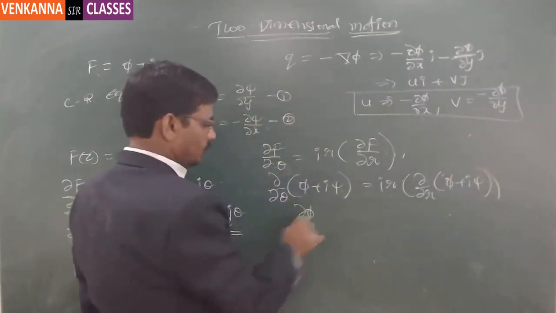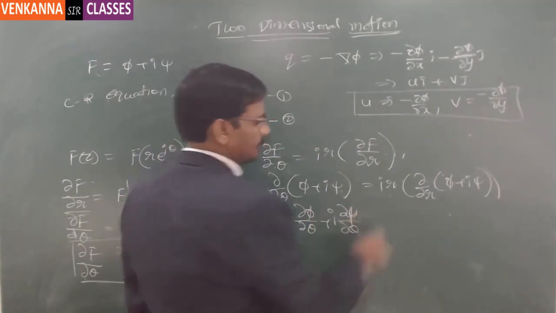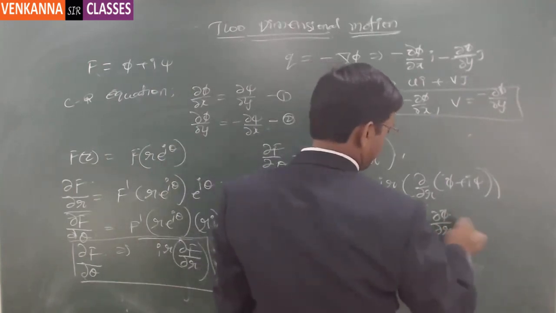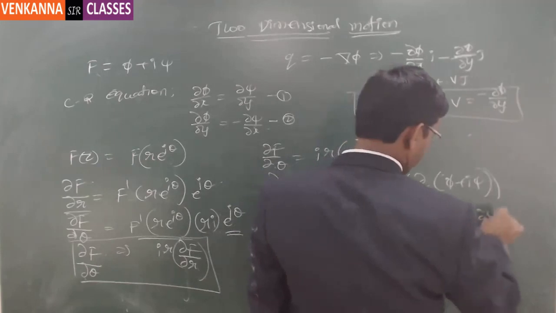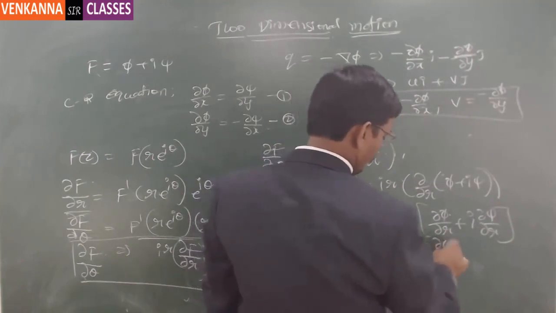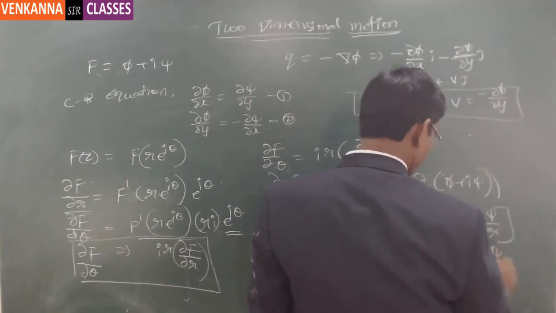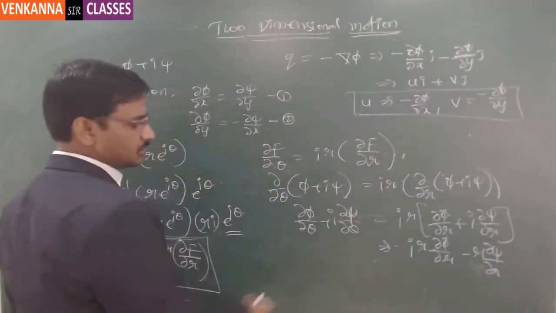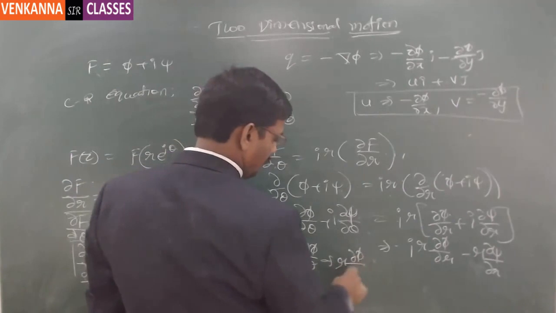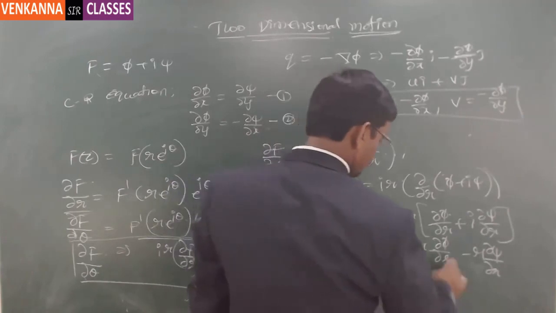This is dou phi by dou theta plus i times dou psi by dou theta is equal to ir times dou phi by dou r plus i times dou psi by dou r, and this can be written as ir dou phi by dou r minus r dou psi by dou r. So if we equate the corresponding terms, dou phi by dou theta is equal to minus r dou psi by dou r, and dou psi by dou theta is equal to r dou phi by dou r.